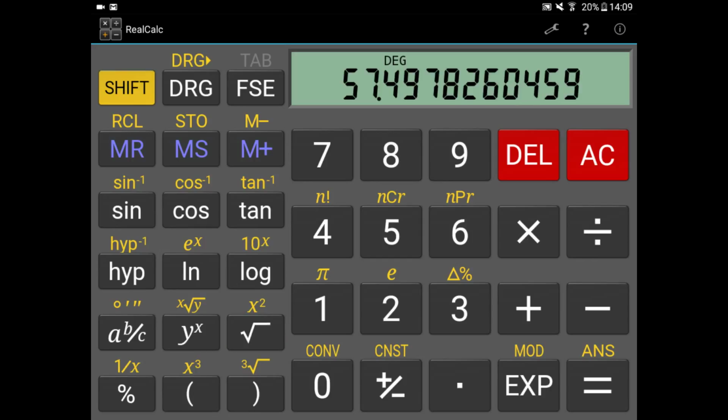It gives us 57.4978 and so on. That's not the number we want to use because we want a number that divides evenly into it. So 3,306 divided by, let's try close to that number, 57. There you go, 57. And that gives us 58 as the other number.